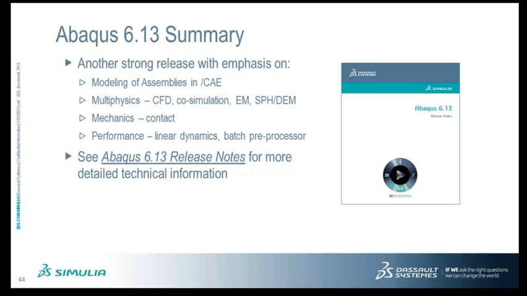We've made some significant improvements in the area of linear dynamics and batch preprocessor. In the interest of time, we've only highlighted a few of the enhancements that are available in 6.13. For details of any of these and other enhancements, they are available, of course, in the release notes.